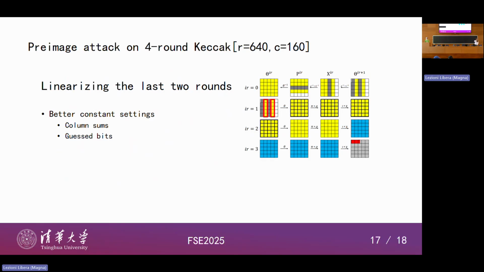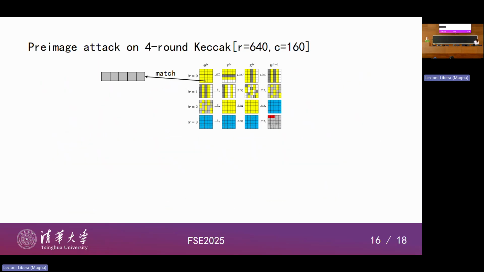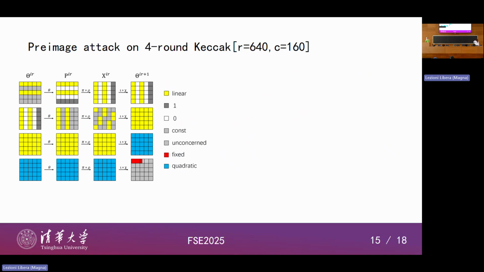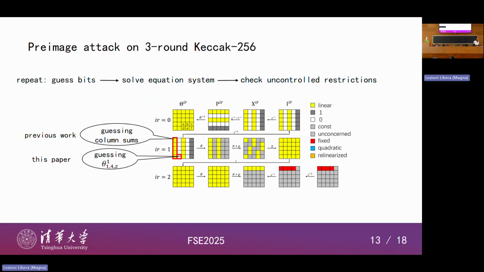Thanks for your presentation. I found on one page, you said instead of guessing the sum of one column, you can have a better strategy to guess, right? Is this because you find some structures in the sum of the columns? So you said that instead of guessing the column sums, you guess some bits, right?